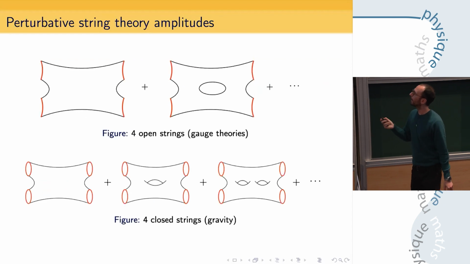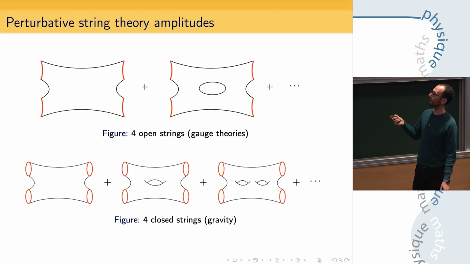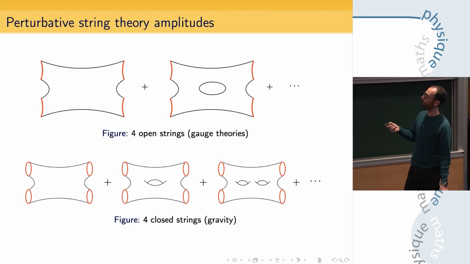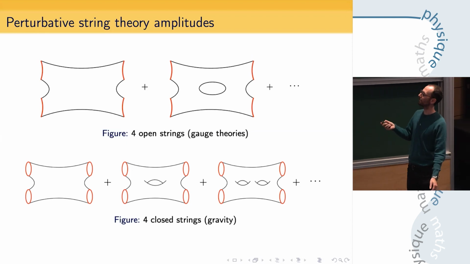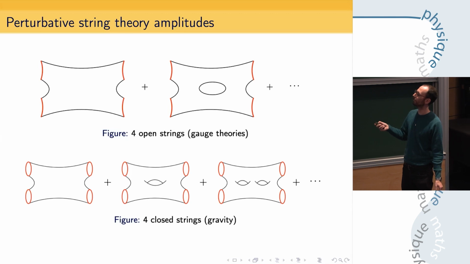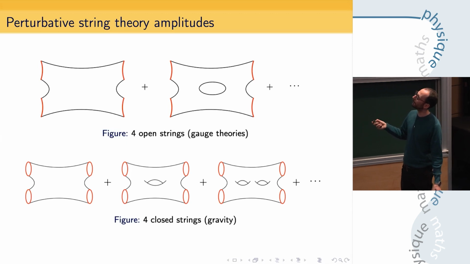the idea of the string perturbative approach to compute string amplitudes is you have strings interacting, which can be, very roughly speaking, divided into two types. Open strings, which are represented by these red lines here, and closed strings, which are these red circles. So it's clear why these are called open and these are called closed, I think.